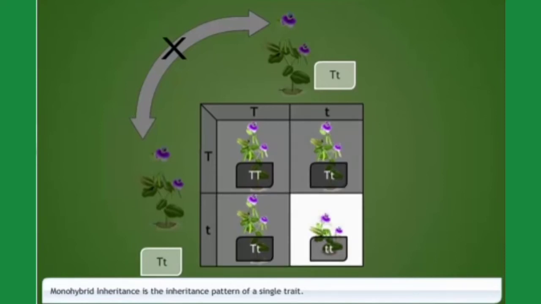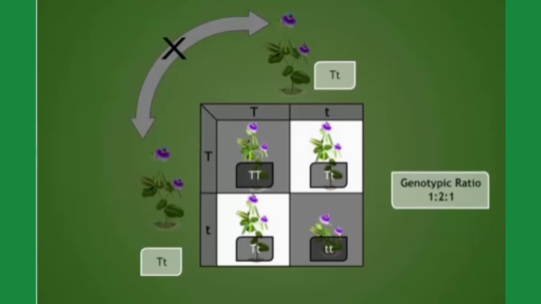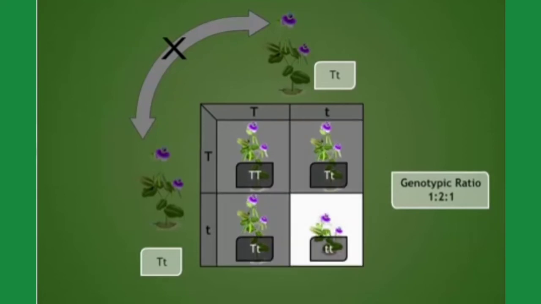This gave the genotypic ratio 1:2:1: one pure tall plant, two hybrid tall plants, and one pure dwarf plant.